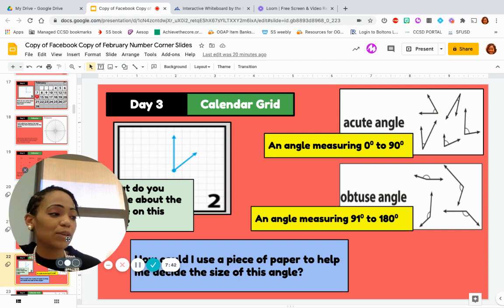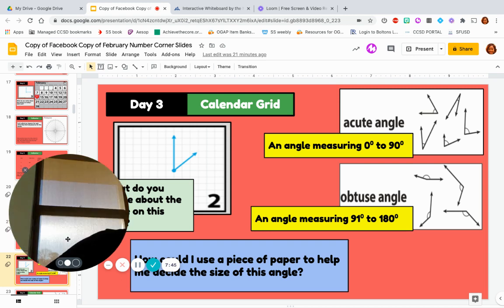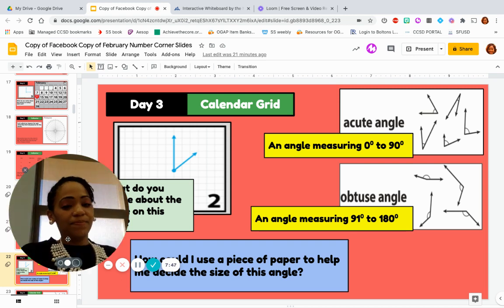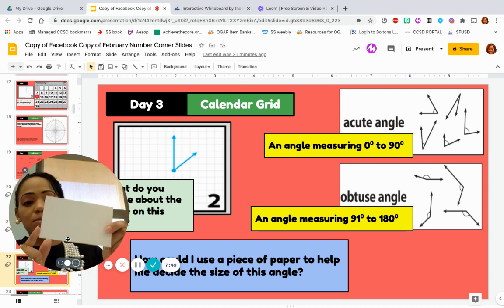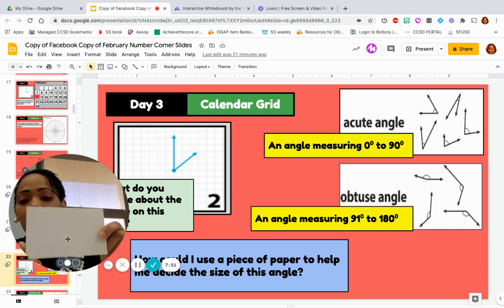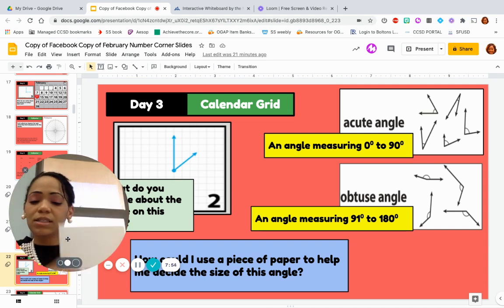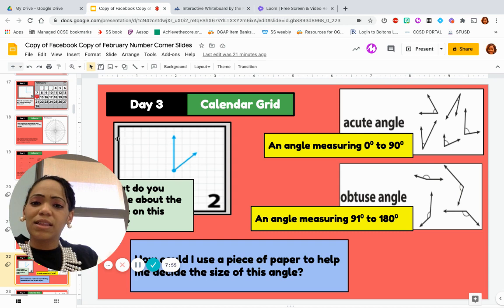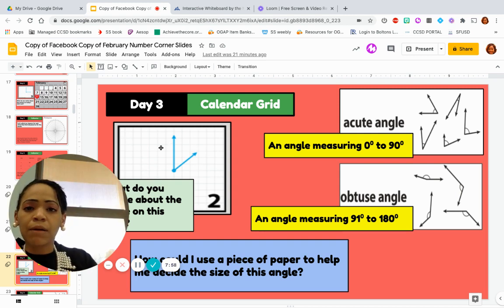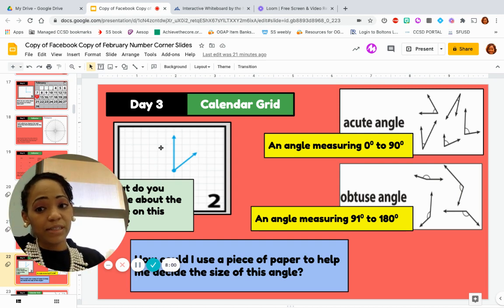What if I were to tell you that you could use maybe a piece of paper, or I like to use my note card here because this makes a perfect 90-degree angle. How might I use this to help me figure out the exact angle on our marker for February 2nd?